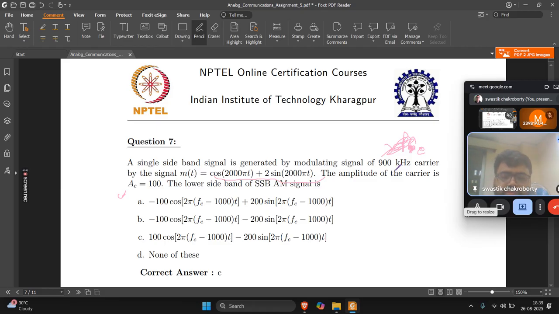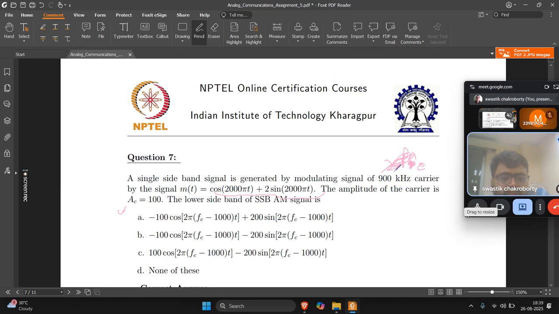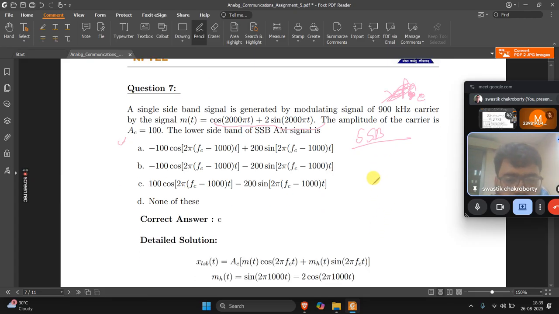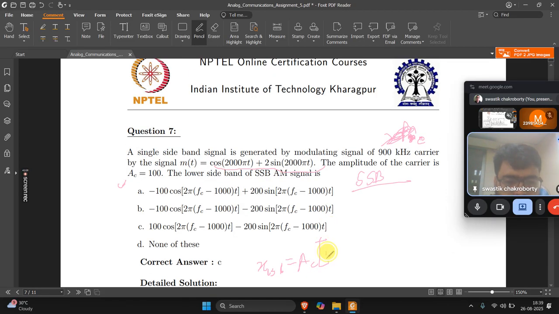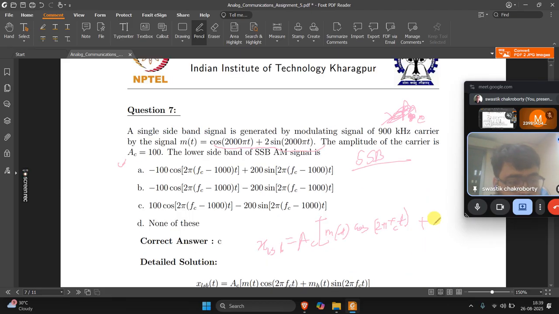To try this, you have to know just one formula for single sideband. The LSB is Ac times m(t) cos 2 pi fct plus m_h(t) sin 2 pi fct, where m_h(t) is the Hilbert transform of m(t).